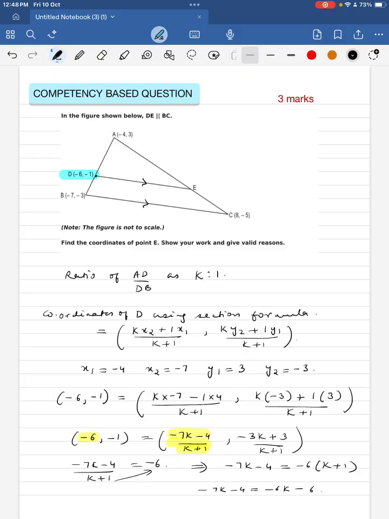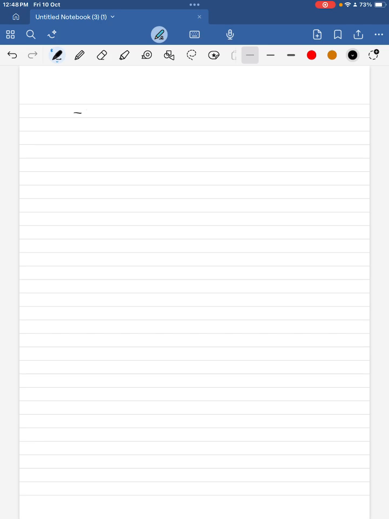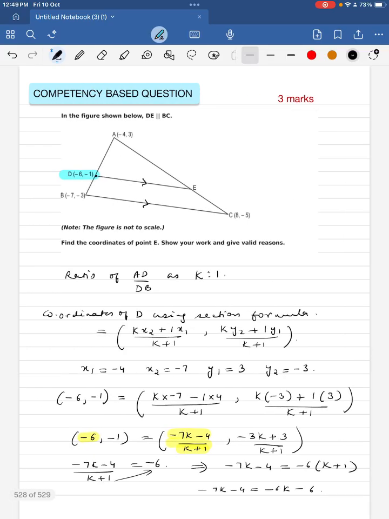Okay, let me bring the k terms to one side and the numbers to the other side. So that gives me -7k plus 6k is equal to -6 plus 4. Okay, so that's minus k equal to -2, or the value of k is equal to 2. Therefore, the ratio is 2:1.